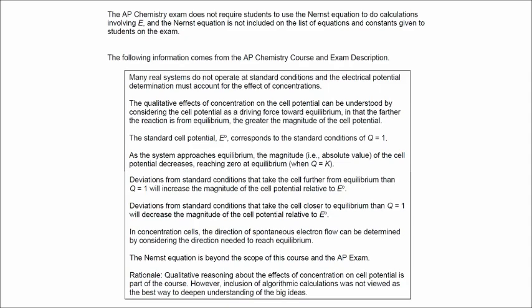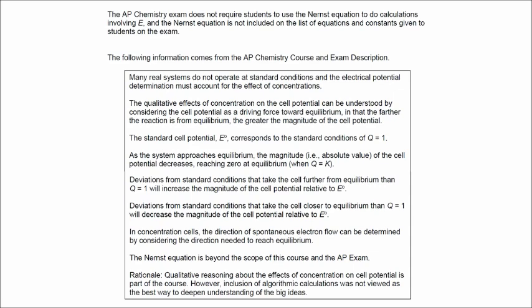Remember that standard conditions would be when all of the concentrations are 1 molar, but many real systems do not operate at standard conditions. We can use the different concentrations in the cell to figure out what's going on. The qualitative, notice not quantitative, effects of concentration can be understood by considering the cell potential as a driving force toward equilibrium, in that the farther the reaction is from equilibrium, the greater the cell potential.